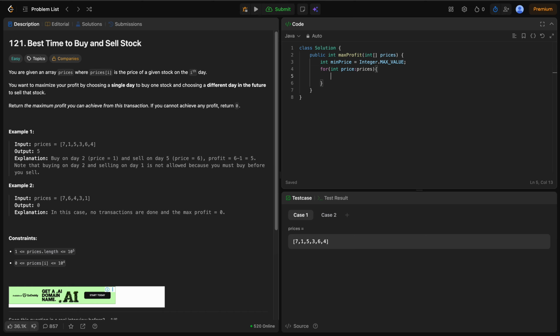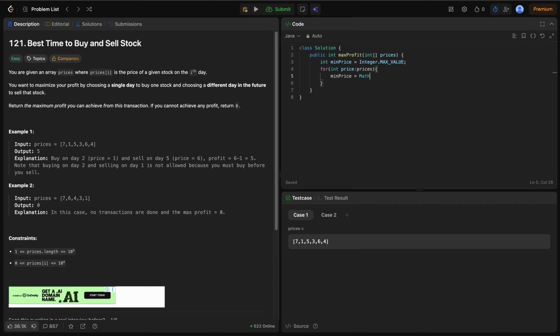Clear? So this is a small trick, useful for interviews. Now I will consider min price, but I need to find it in this prices, right? So min price equal to, I need to compare.